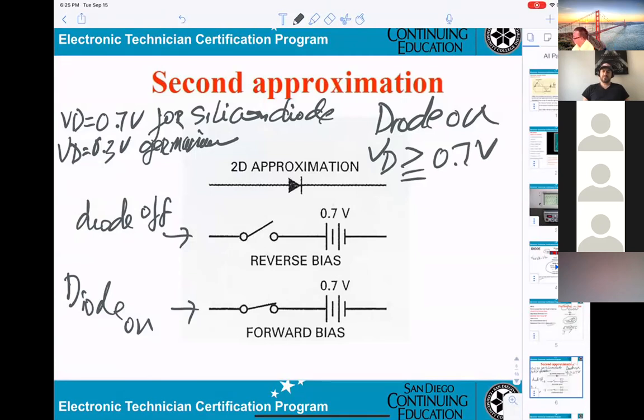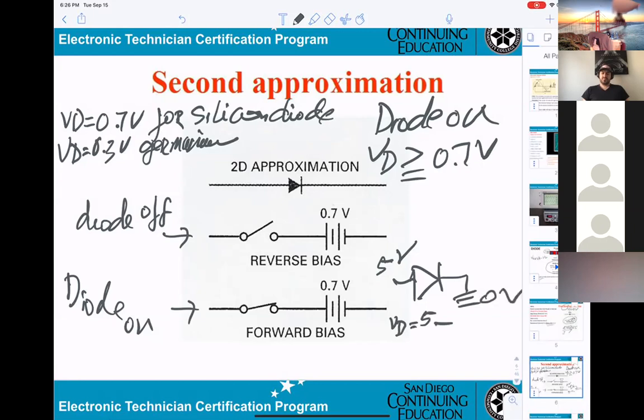I'll give you an example here. Okay, 5 volt here. Is the diode on or off? On. In order to say on, you can say VD equals 5 minus 0 volt ground, equals 5 volt.